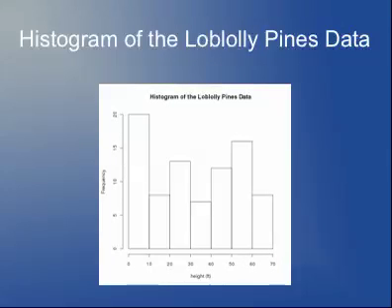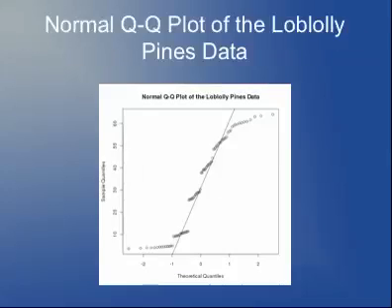Now the Loblolly-Pine data that we used a few lectures ago, as you'll recall, that was not particularly normally distributed. I mean, you don't see outliers and stuff, but it's certainly not bell-shaped by any means. So you plot the normal QQ plot there, and you can definitely see it is not normally distributed. The tails are much heavier than you would expect to observe under a normal distribution.